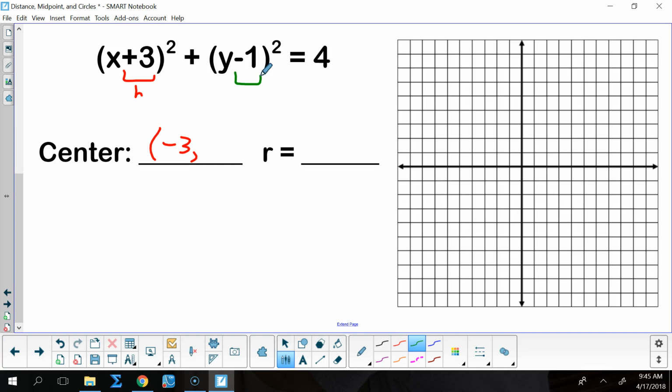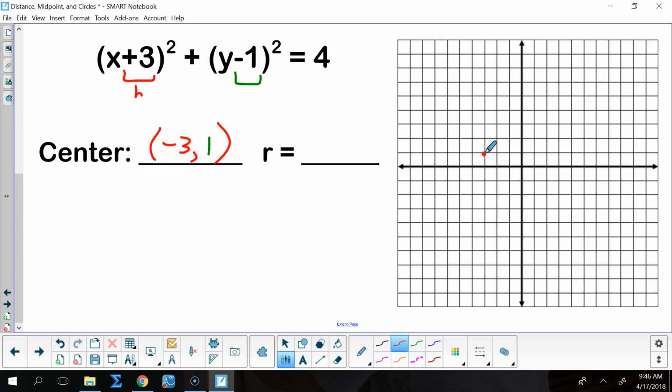I should be thinking negative 1 here in green, but thinking oppositely, it's really positive 1. So that point, -3, comma 1, is right there.